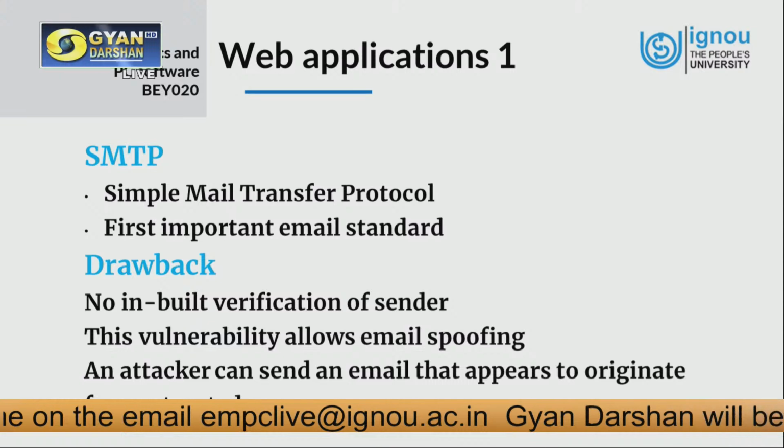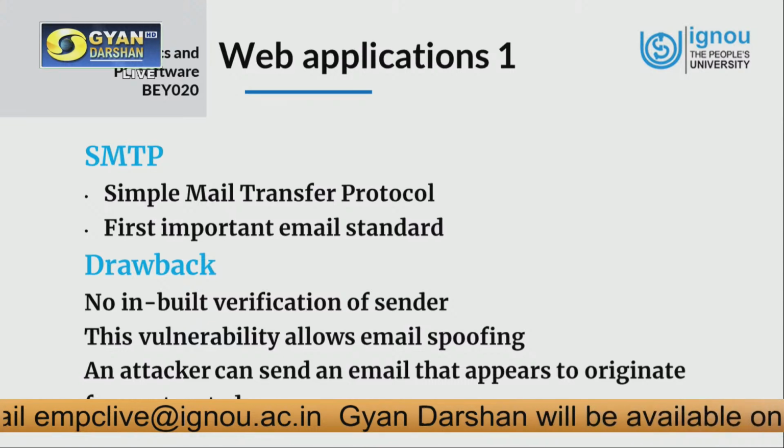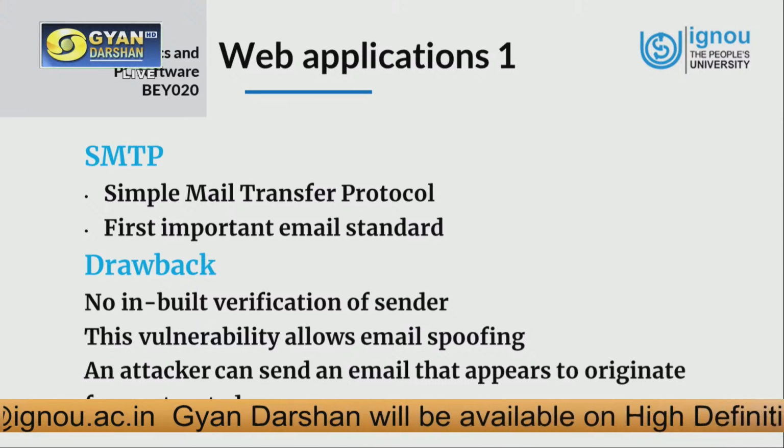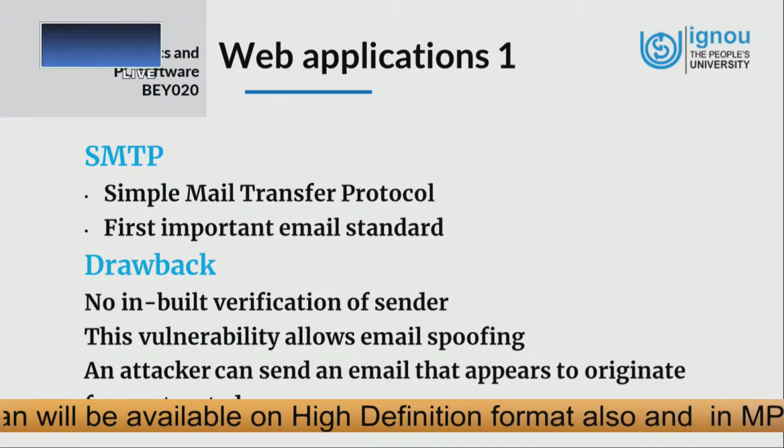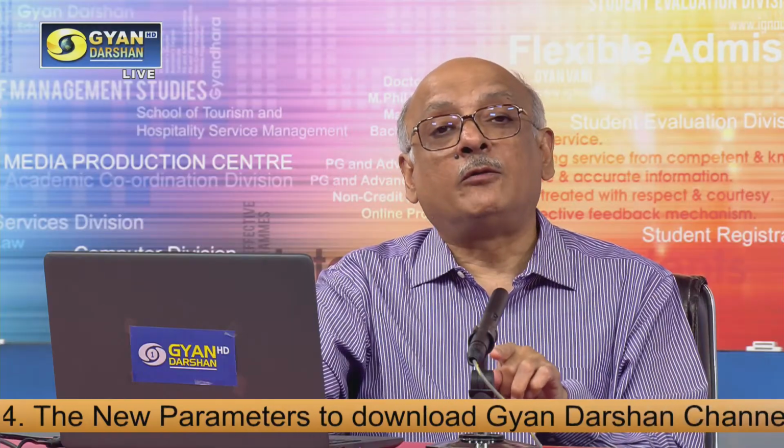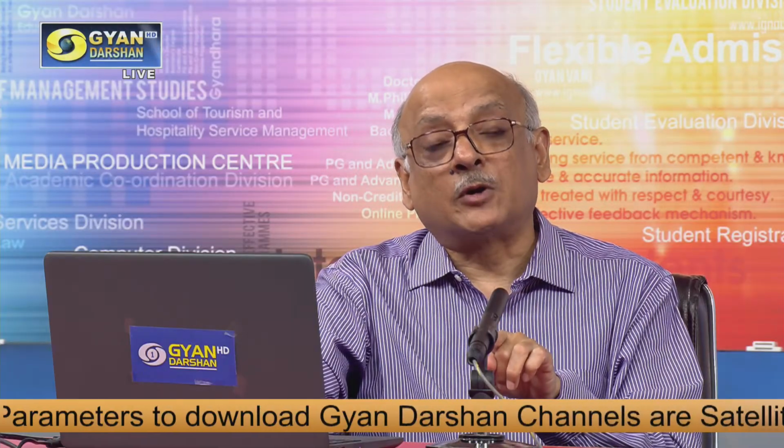So the important thing you should note is that an attacker can send an email that appears to originate from a trusted source, but the mail is coming from a different source, and that is because of the vulnerability of the SMTP protocol.